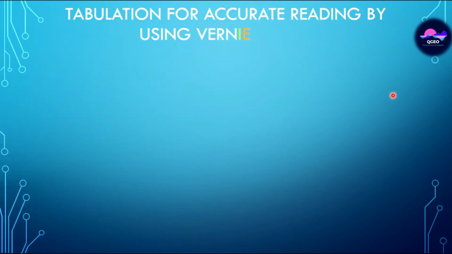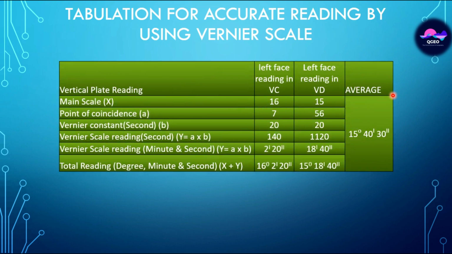Now come to the calculation part. Tabulation for accurate reading by using the vernier scale. In left face reading of VC, here the main scale is 16, point of coincidence 7, and VD 15, point of coincidence 56. The vernier constant here is 20 second. So the vernier scale reading is 140 second, that is 2 minute 20 second. Here for VD, 18 minute 40 second.